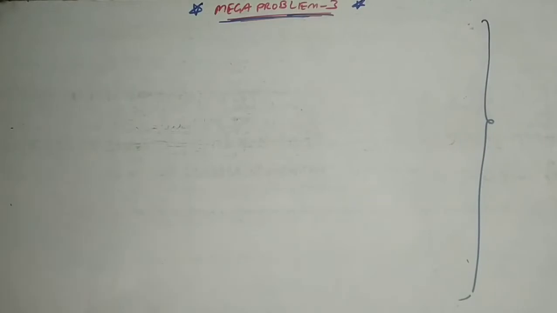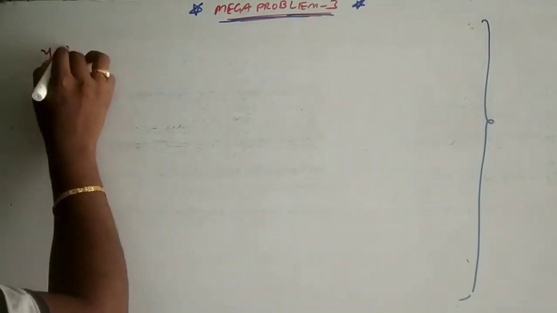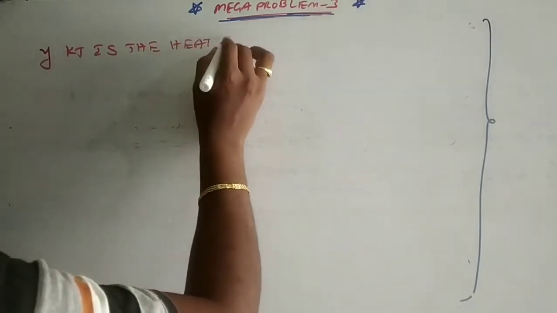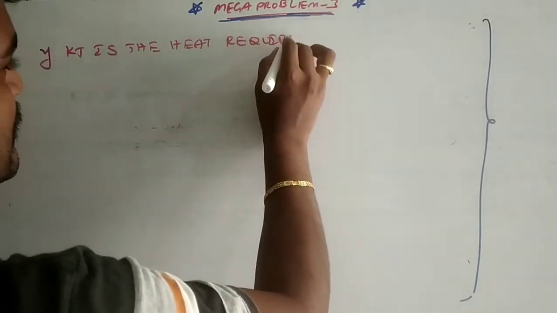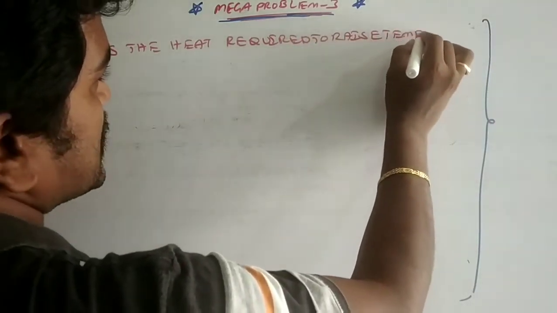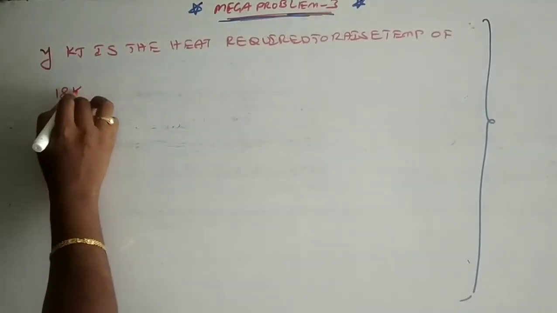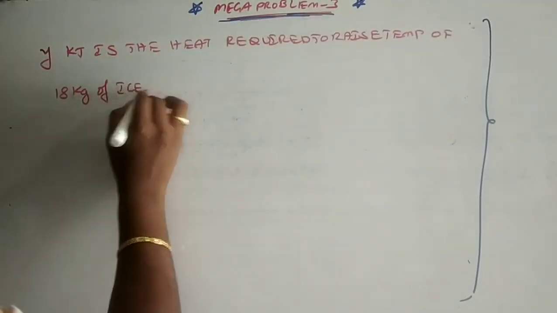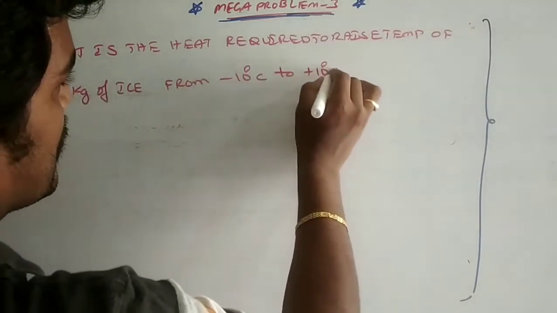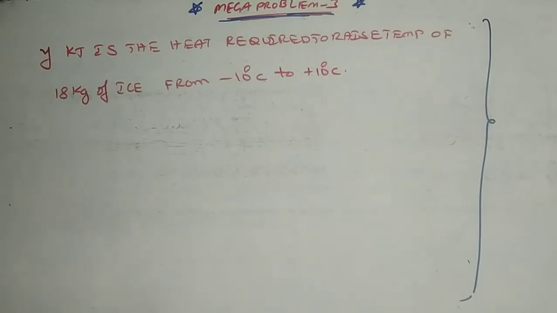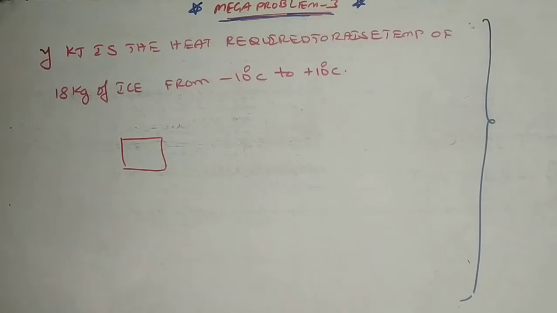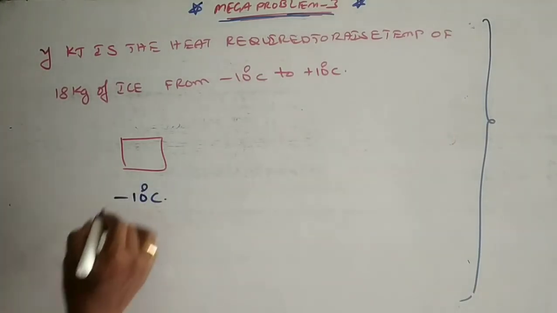So what does this Y value mean? Y kilojoules is the heat required to raise the temperature of 18 kg of ice from minus 10 degrees centigrade to plus 10 degrees centigrade. See, ice is present at minus 10 degrees centigrade.